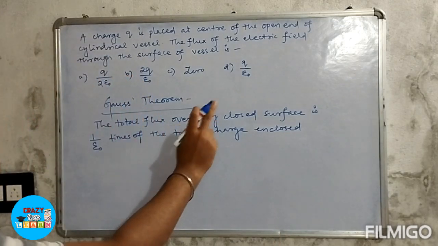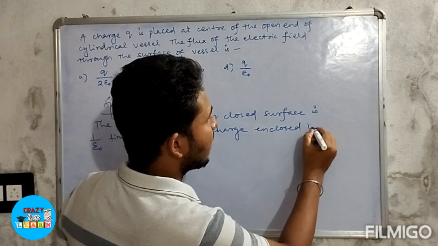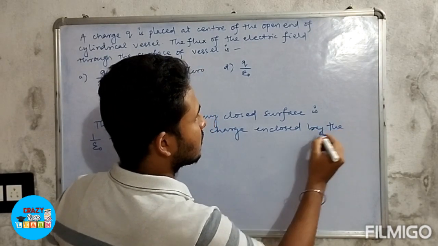The total flux over any closed surface is 1 by epsilon times the total charge enclosed by the surface.